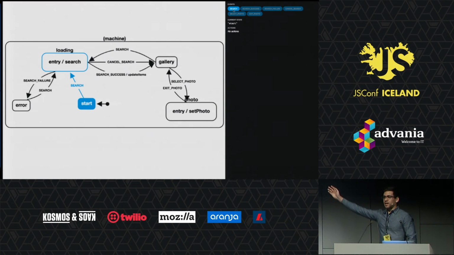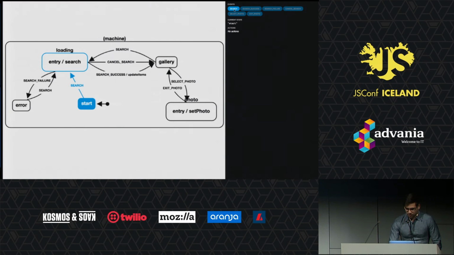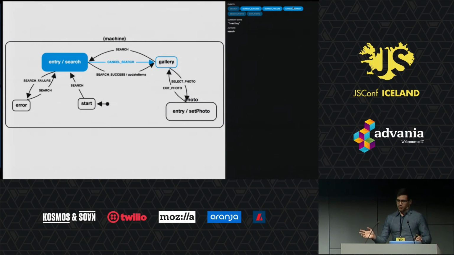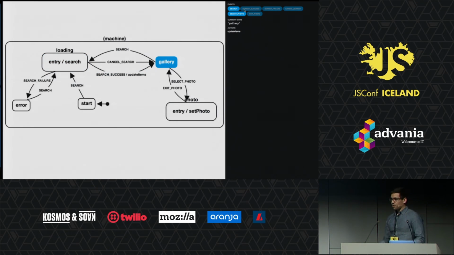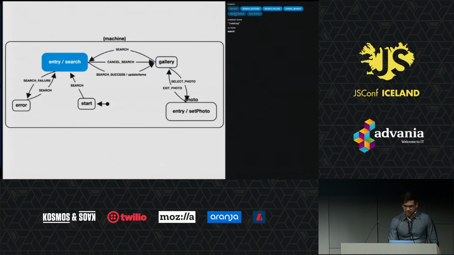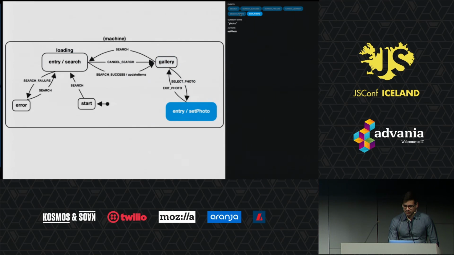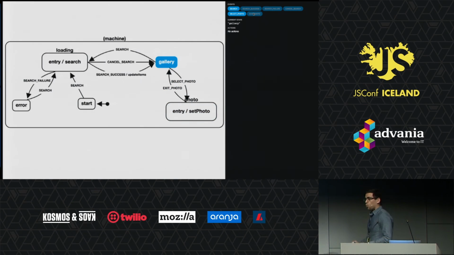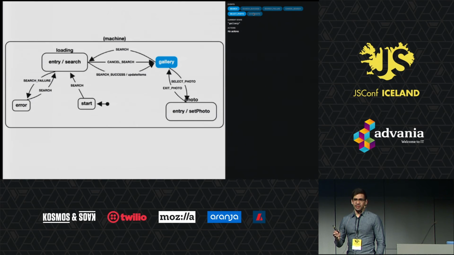From here, my initial state is start, and I could just hover over this search action and go to this state, and then I could see the possible different events that I could take from this state. So let's say I have a search success, and so I go into the gallery view, and then I could either choose to search again, or I could select a photo, and so I could visually see what's happening in my state machine just by pasting in that JSON object.